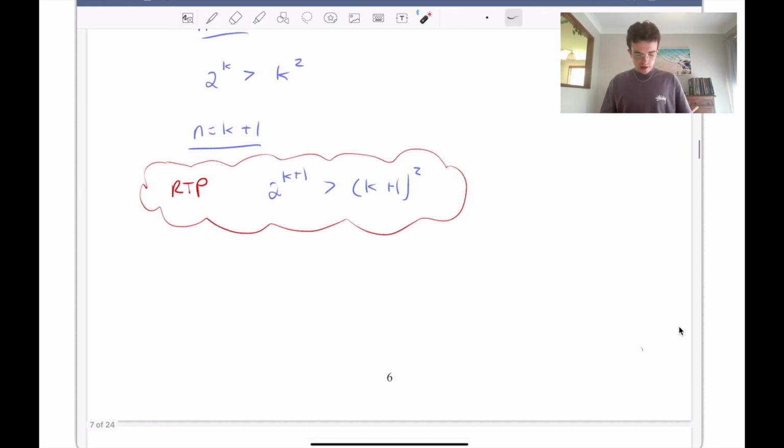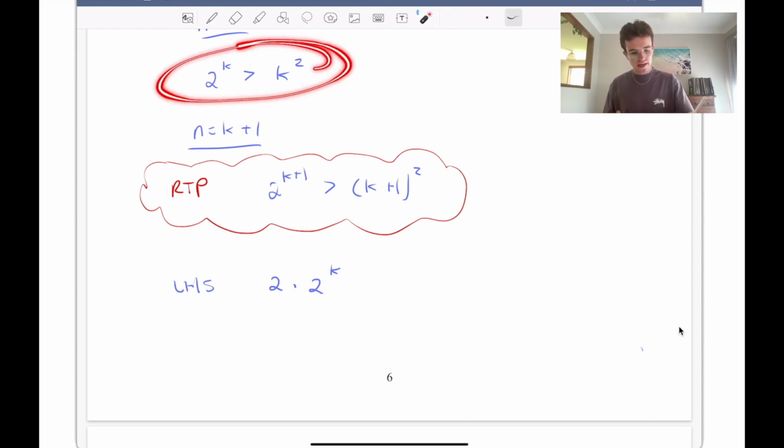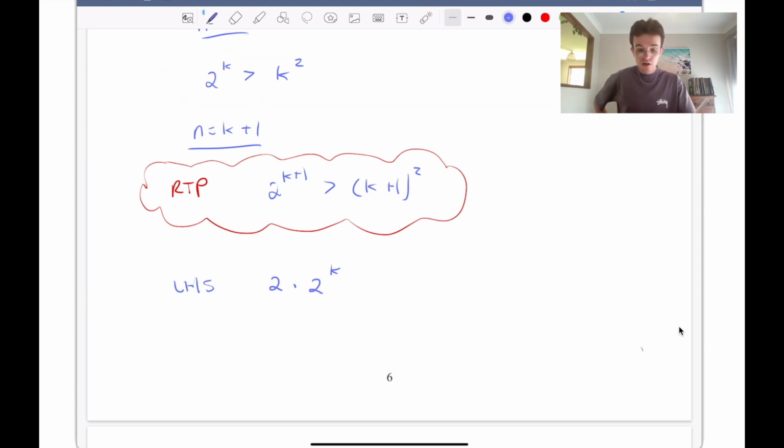So we know that the left-hand side, 2 to the power of k plus 1, is equal to 2 times 2 to the power of k. But we know that 2 to the power of k is greater than k squared. So if we put a 2 here and a 2 here, that means 2 times 2 to the k is greater than 2k squared.